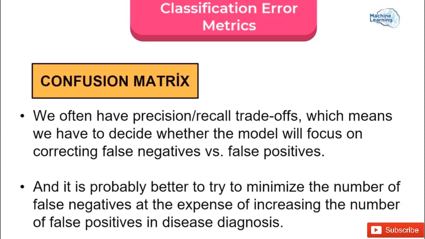And why do we actually want to do that? Well, because we want to make sure that we correctly classify as many cases of the disease as possible. Therefore, we are doing our best to reduce false negatives at the expense of increasing false positives, right? Why would we actually want to do that?